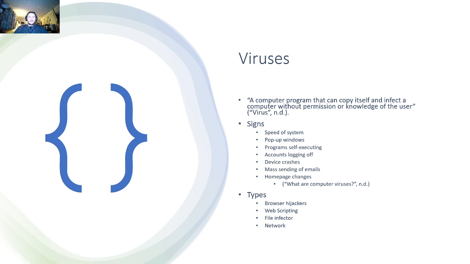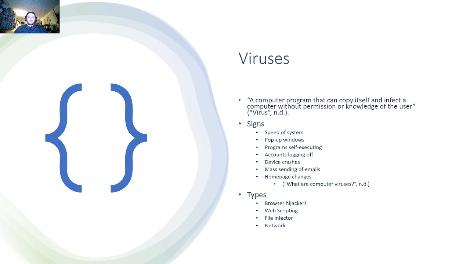So types of viruses, you've got browser hijackers, where they go on and change the coding of the website so that they can inject some sort of malicious content, web scripting, which targets web browser security and, like I just said, injects malicious code.